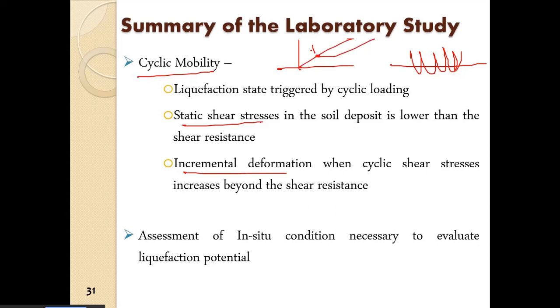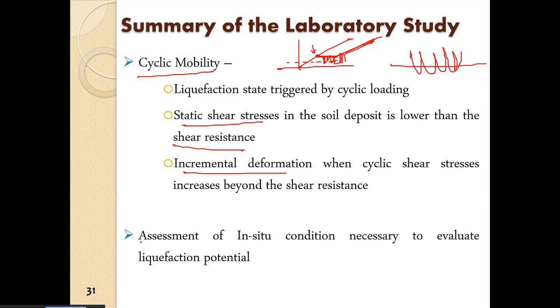So this is the steady state strength, and the static stresses are actually at a lower state than the shear resistance in the soil. So there is incremental deformation under cyclic shear. So we saw that when it reaches this state, there is incremental deformation. All right, we have discussed that in detail in the previous slides.